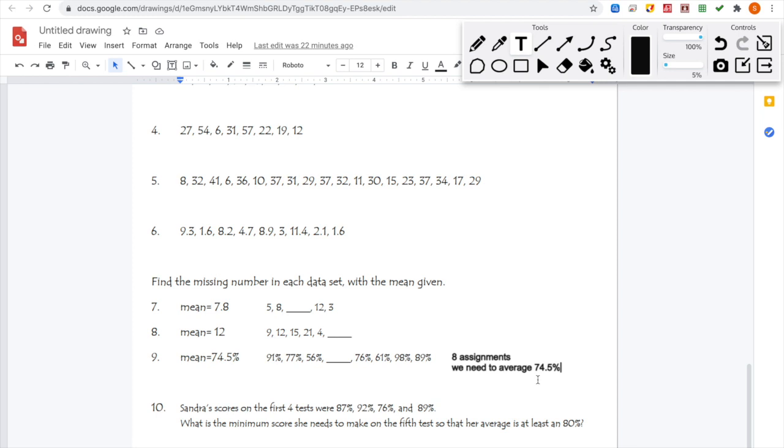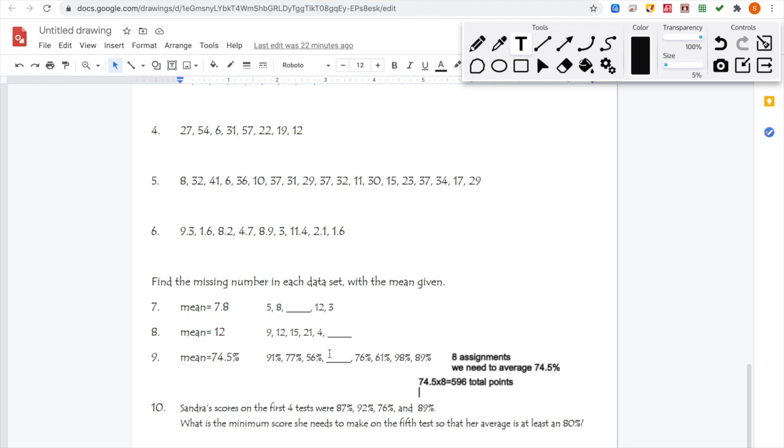So to find the total amount of points we need to get, we need to take what we need to average, 74.5, times the number of assignments. So 74.5 times 8. That's going to give us 596 total points. Now we're going to count how many total points we have.